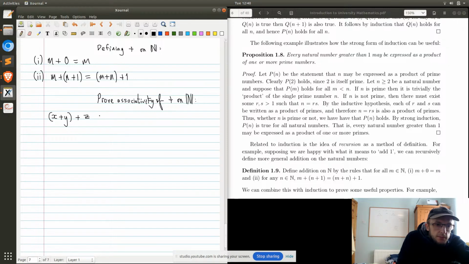So first, here's what it says. Okay, so base case: z is equal to 0.